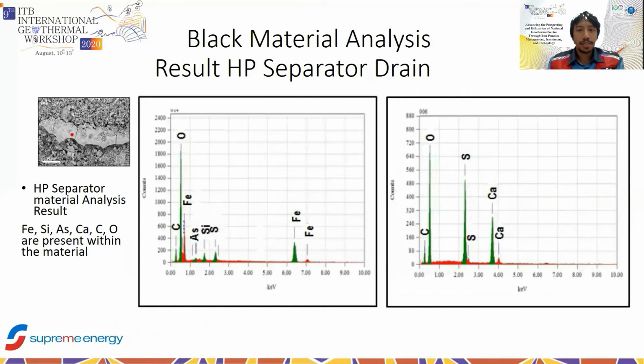So mostly the EDX result consists of iron, sulfur, and also oxygen. And if we look at the X-ray, we will see it was pure iron sulfide, dominantly iron sulfide.